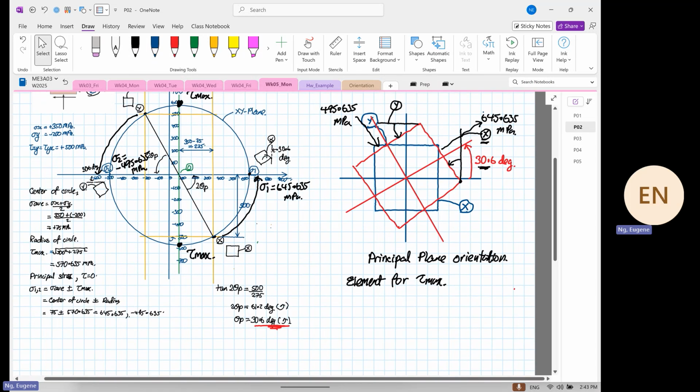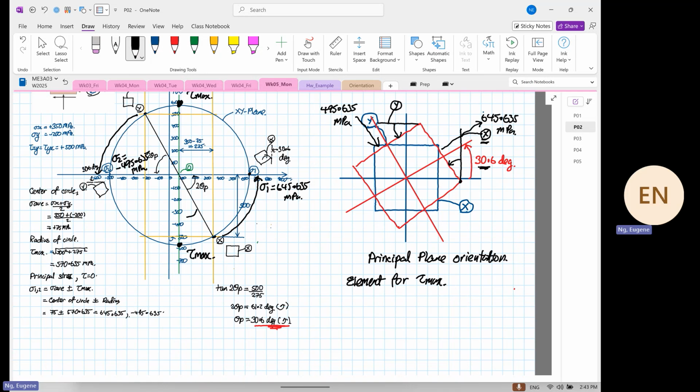For the element for tau max, we now have to find the other angle. And this angle over here will be equal to 90 minus 61.2. So the angle will be equal to 90 minus 61.2, which is equal to 28.8 degrees.